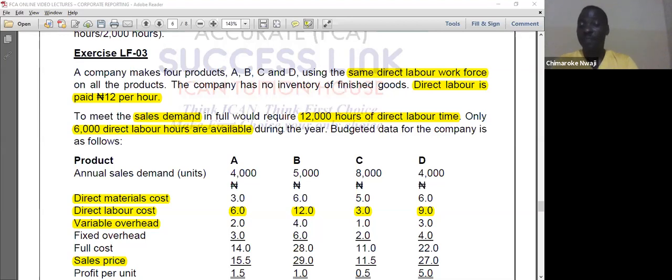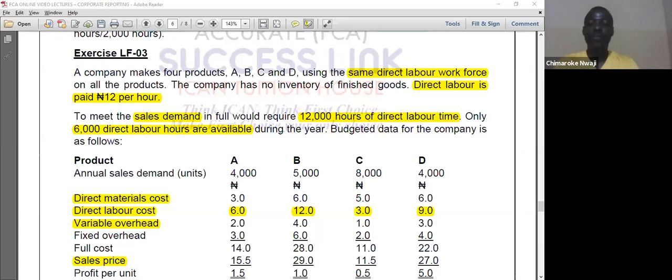So we have 5,000 used up already. 1,000 will be the remainder. But let's see what will happen if we use 4,000 units of A multiplied by how many labor hours? Labor hours is 0.5. All we will get is 2,000 hours.